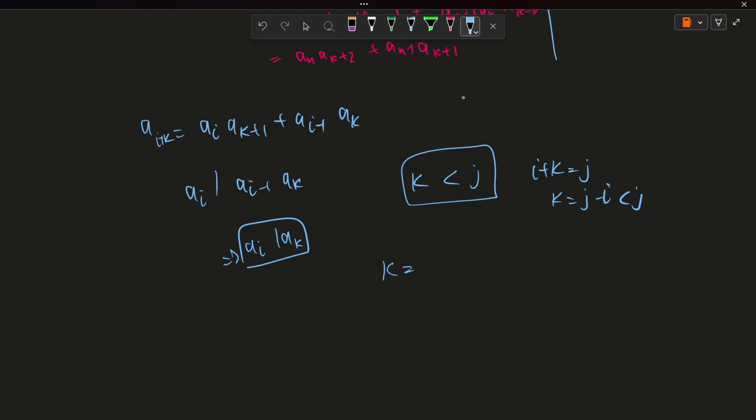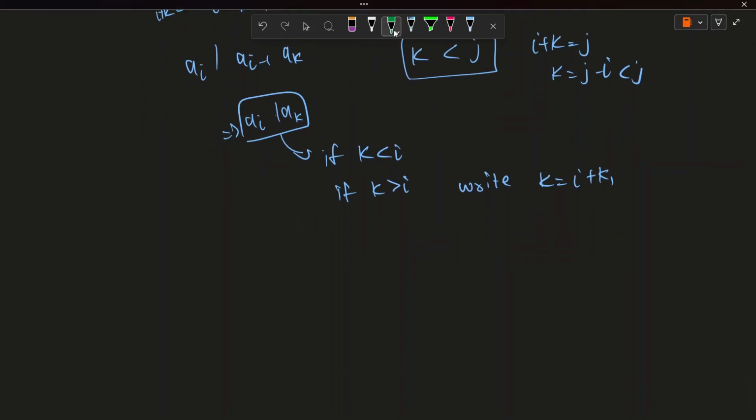If k is less than i, then we have nothing to prove. If k is greater than i, write k equal to i plus k1, and we keep on doing this and we will prove this result. So finally we can prove that ai does not divide aj for any i, j.